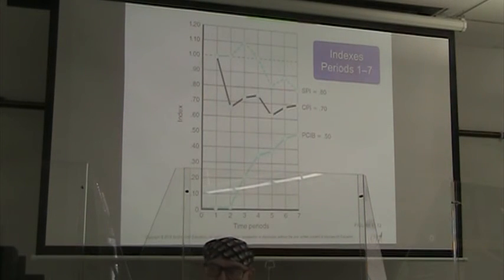All right, so for our same camera project, they're showing us the schedule performance index, the cost performance index, and the PCIB, which is plan cost index baseline.